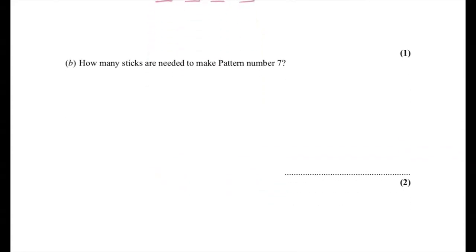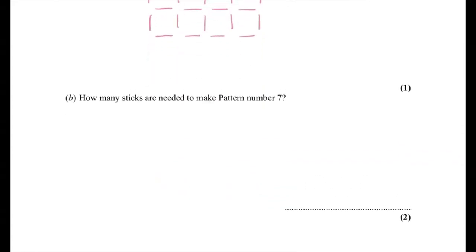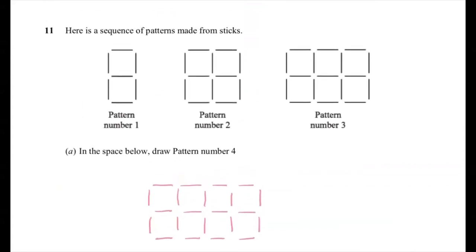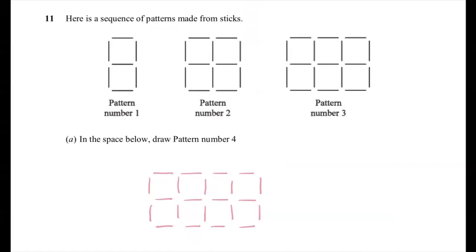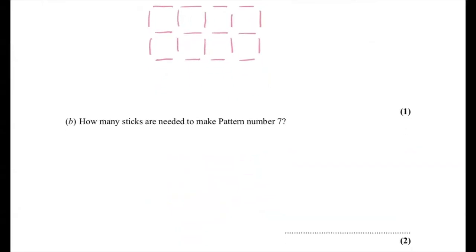So how many sticks are needed for pattern number 7? What we want to do is go back to the patterns and just add up how many sticks are in the first one. So you add your sticks and you will work out that there are 7. So in pattern number 1, there are 7 sticks. Do the same with pattern number 2, and you'll work out there are 12.